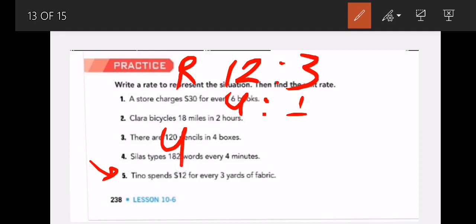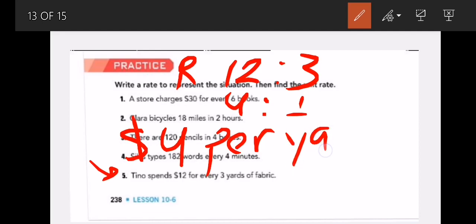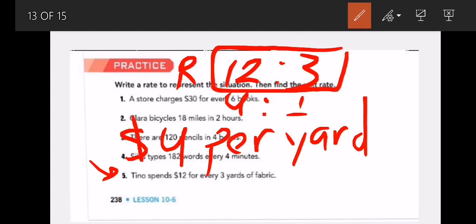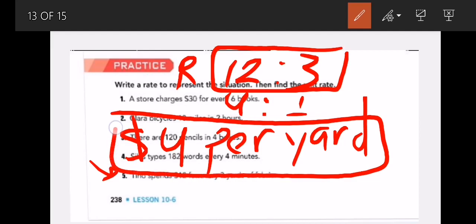Yes, $4 for every yard or per yard as you want. What does per yard mean? It means per 1 yard. So here is my answer, 12 to 3. This is my rate. My unit rate is $4 per yard. This is my unit rate. And so on, in the same way you can answer.